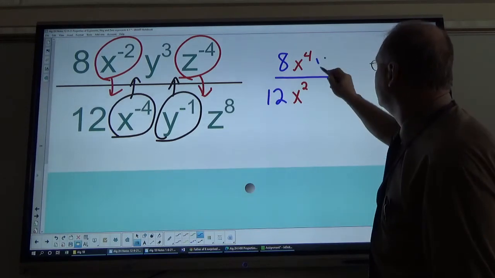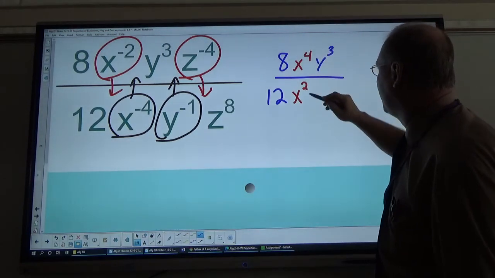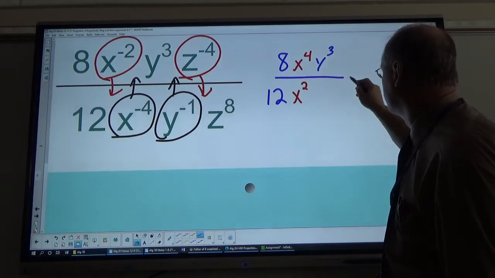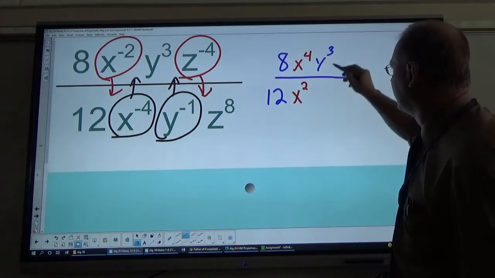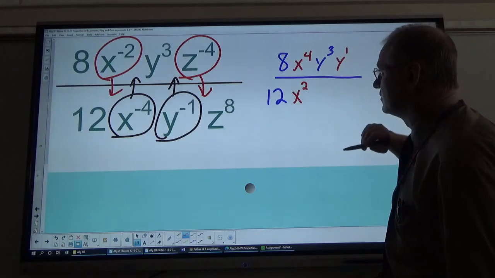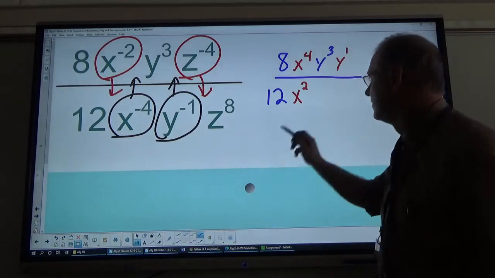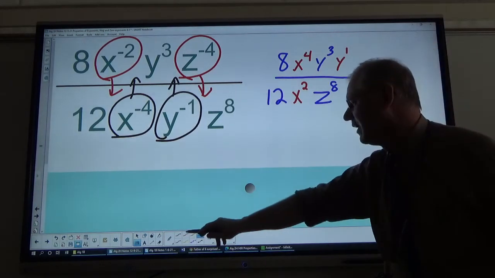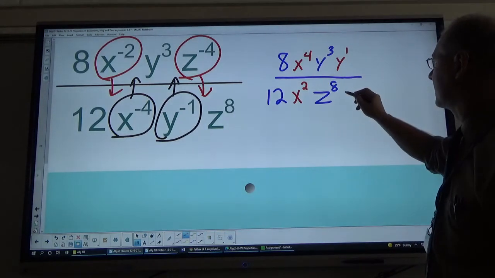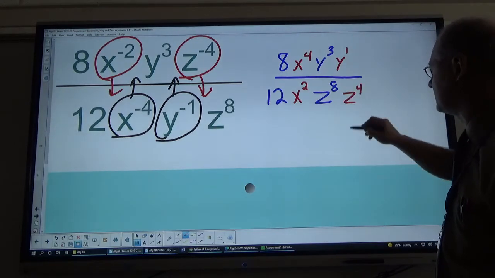The y is already to the third power on top. I am moving the y on bottom up to be y to the first on top. The z was to the 8th on the bottom, and now I'm moving the z to the negative 4 down to z to positive 4.